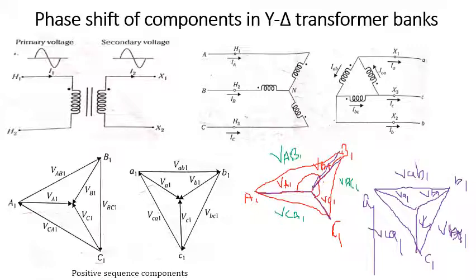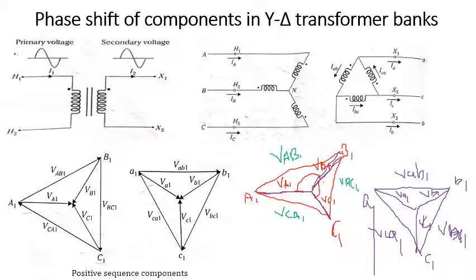If you look at that, what is the angle made? This is capital VA1, and this is the small VA1. From this, we can see that the high voltage side should lead the low voltage side. So capital VA1 leads the small VA1 by an angle of 30 degrees.